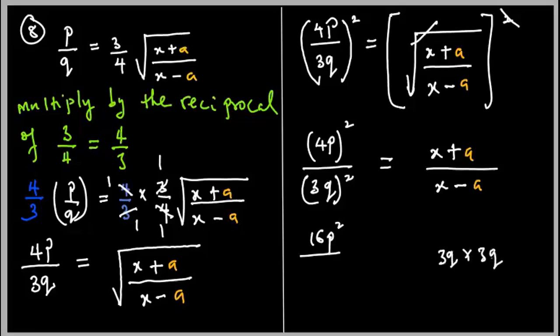That is 3 times 3 is 9, q times q is q squared.